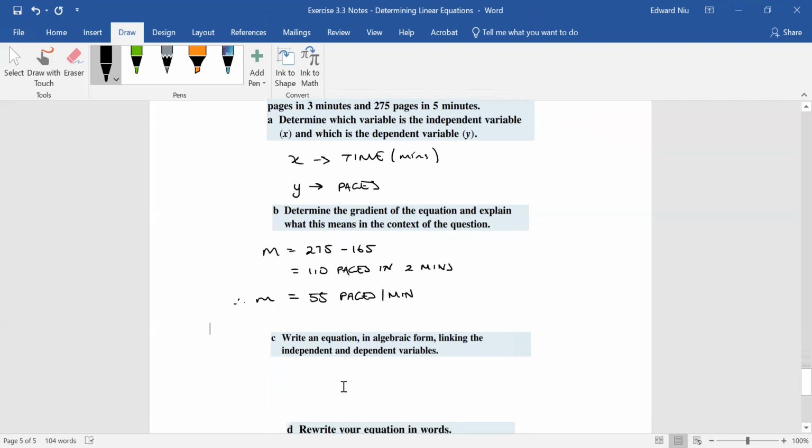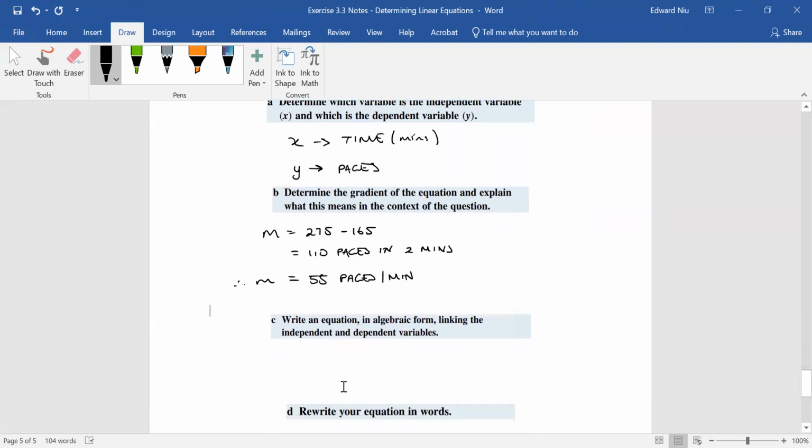So if we have a situation like this, what we have is y equals mx plus c. We know that the M is going to be 55 pages, which is our rate of change.